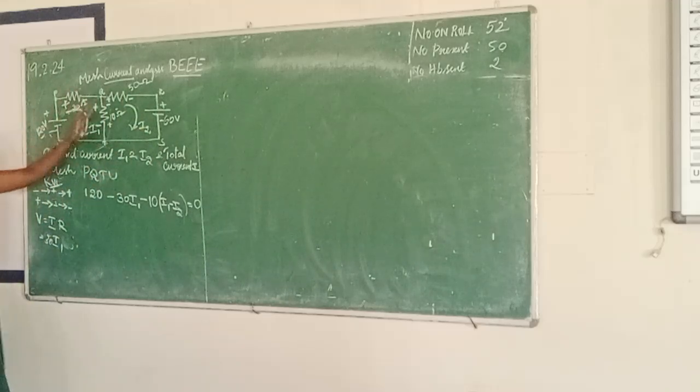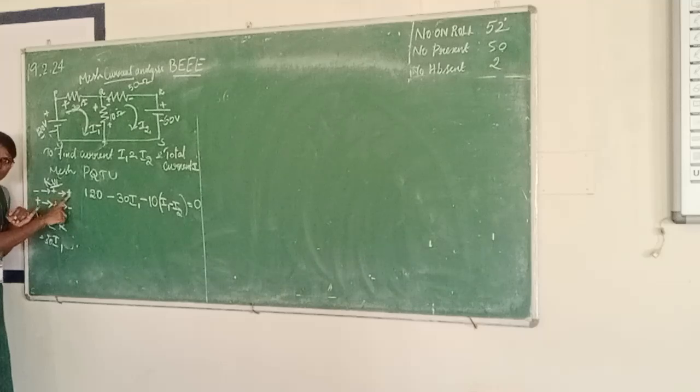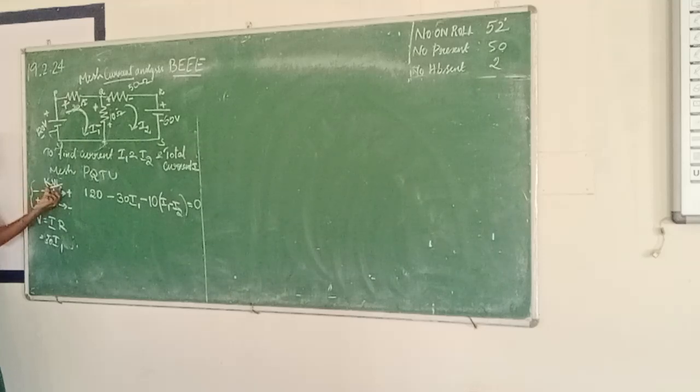Okay. So I am considering only PQTU, the first loop. The current flowing through the first loop is the current I1. Before that you have to know this: plus 2 should be written as plus and minus 2 should be written as minus. These things we already know. Okay, and you are applying what? KVL. For KVL we know V is equal to I into R. So the current in the first loop is I1, and we have to consider the resistance flowing individually.